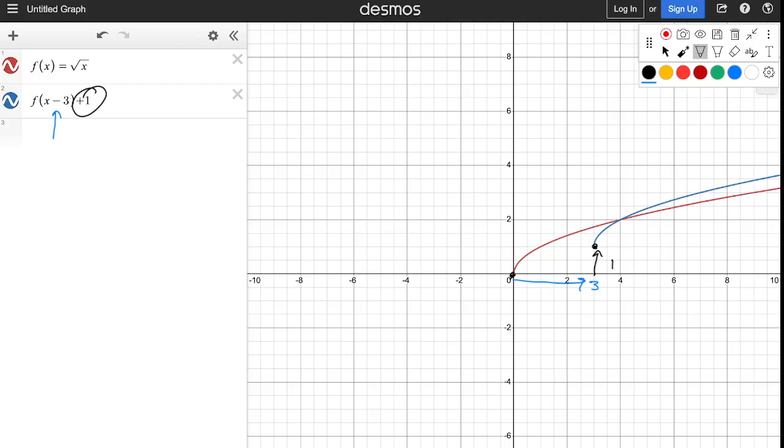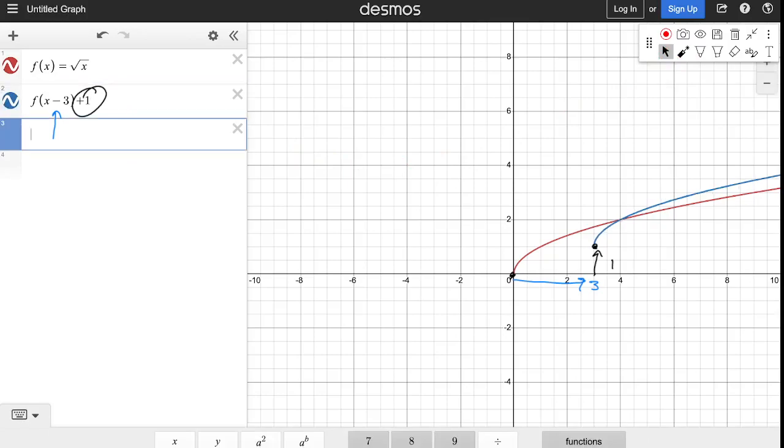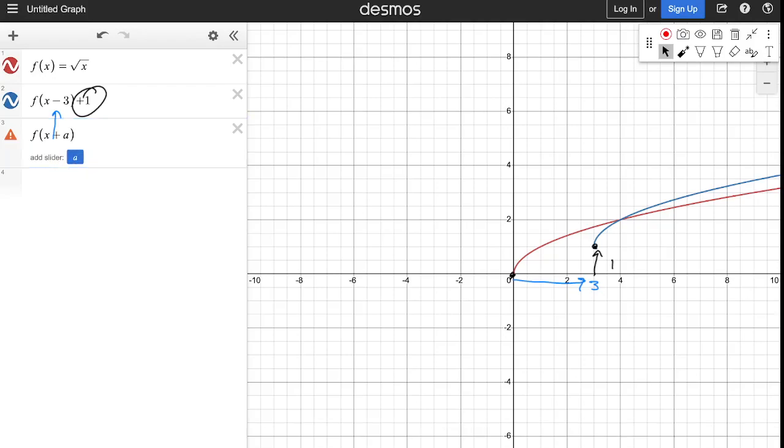And so we could see, again, using the slider technology that Desmos allows us to do, we can do f of x plus, let's just put it as a. You can use any letter, and we'll do a slider. So I'll click on that.